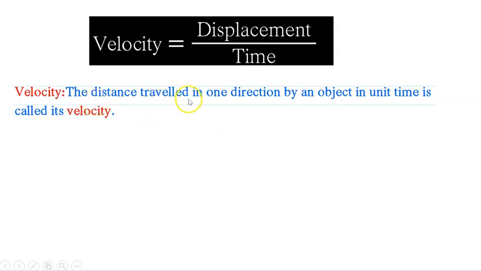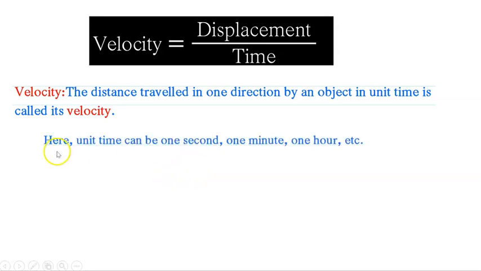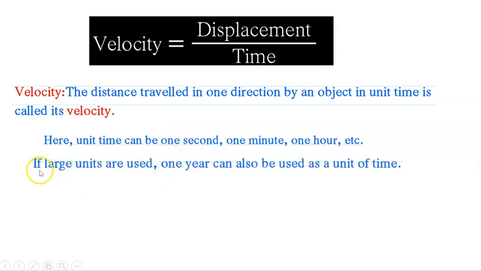The distance traveled in one direction by an object in unit time is called its velocity. Again here the unit of time can be a second, 1 minute, 1 hour, etc. Its unit is the same as that of speed. If large units are used, 1 year can also be used as a unit of time.